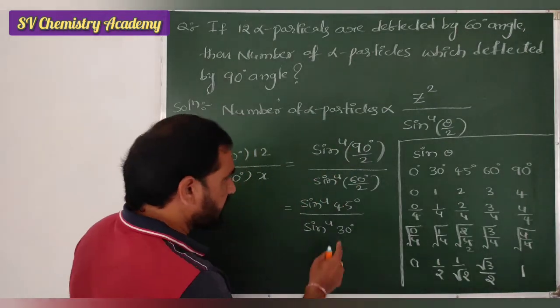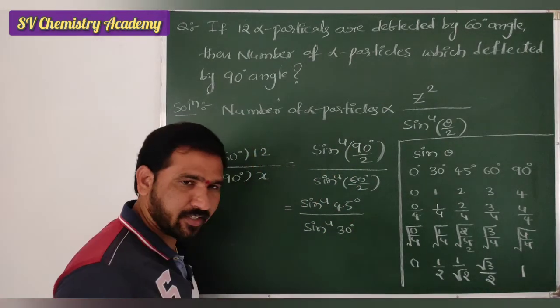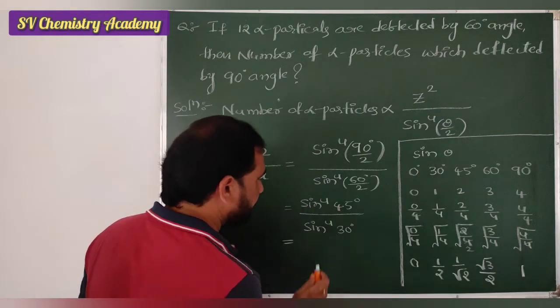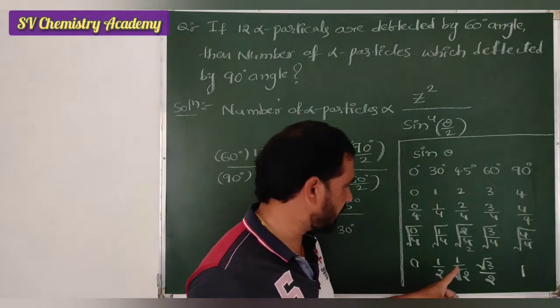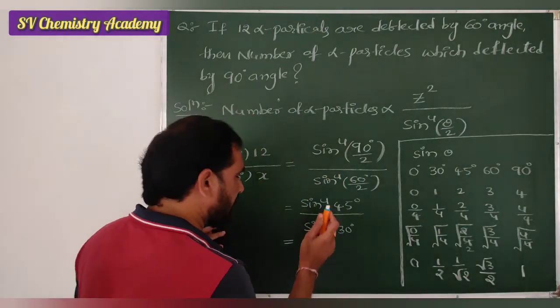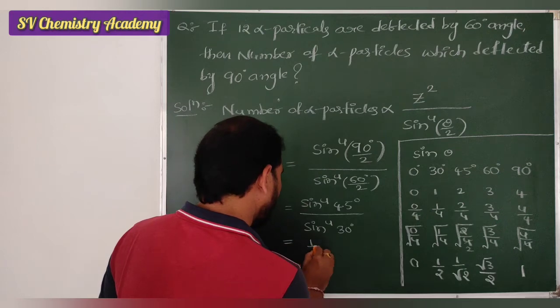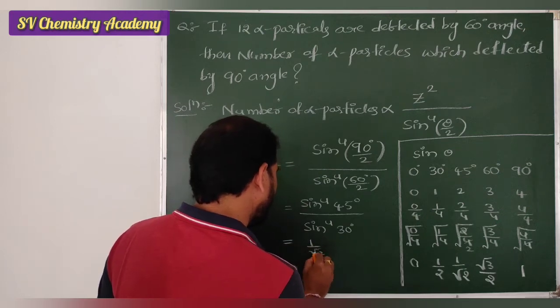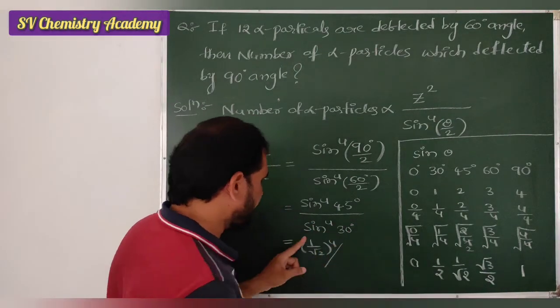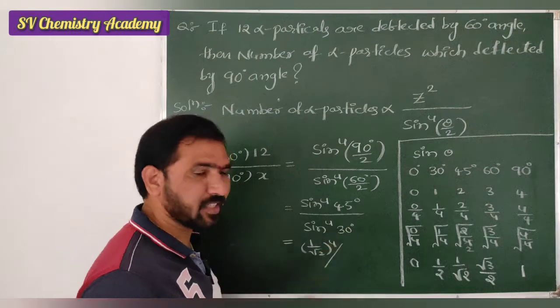So here 45 degrees is there and 30 degrees is there. Therefore we can take those values directly. Sine 45 degrees is 1 by root 2, so that will be 1 by root 2 power 4. Is it clear, beta? Then divided by sine power 4 of 30 degrees.